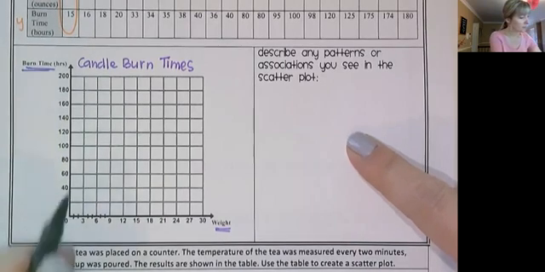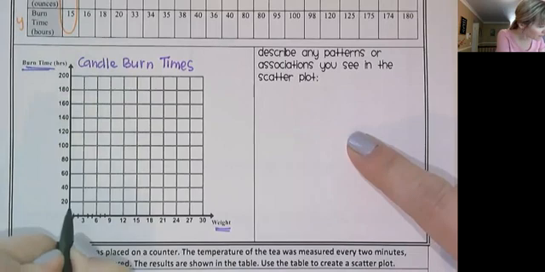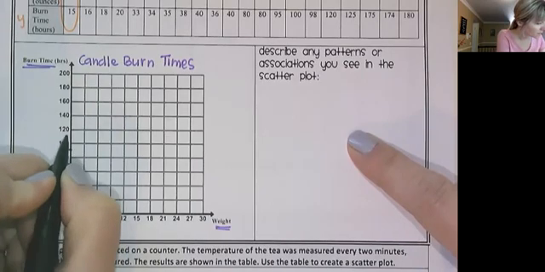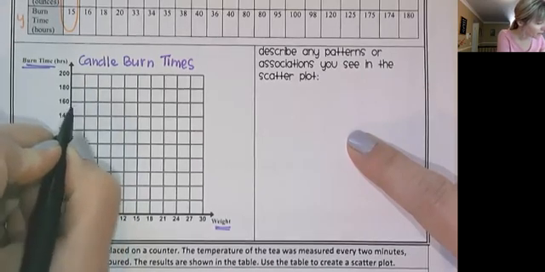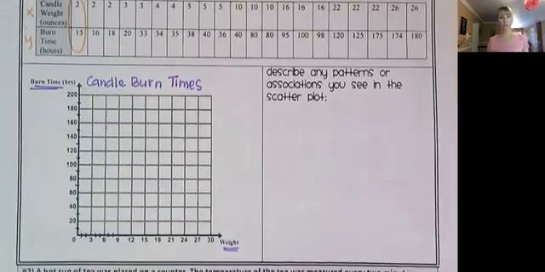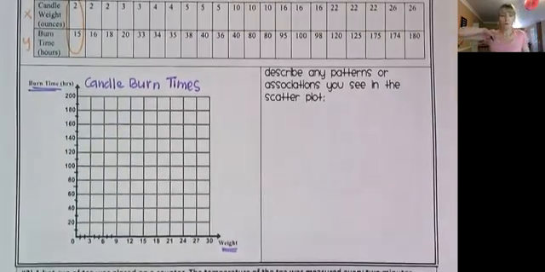Now, these go by 20s, which means everything in between this is like 10, 20, 30, 40, 50, 60, 70, 80. There's 90, 100, 110, 130. Just to give me a guide, because I can see from the values in my table, these dots are not going to go on corners, most of them, which sometimes makes it tricky, but that also just means you're kind of eyeballing it, okay?